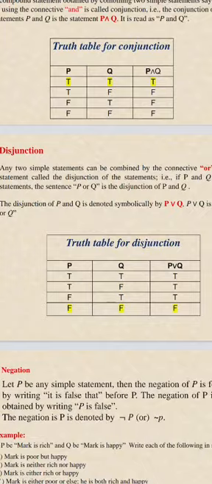The last column gives the value of P or Q. P true, Q true: P or Q is true. P true, Q false: P or Q is true. P false, Q true: P or Q is true. P false, Q false: P or Q is false. This table is the disjunction truth table.